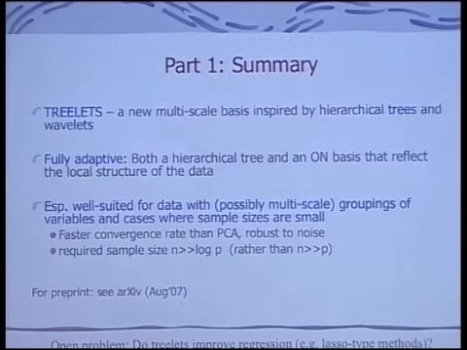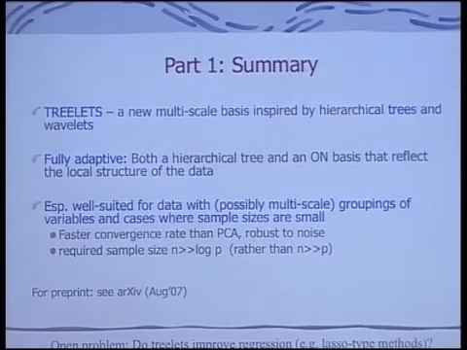So I'm just going to quickly summarize the first part. We presented treelets, which is a multi-scale basis that's inspired by hierarchical trees and wavelets, and hence the name. It's fully adaptive, and it's especially well suited for data where you have groupings of variables and cases where sample sizes are small.